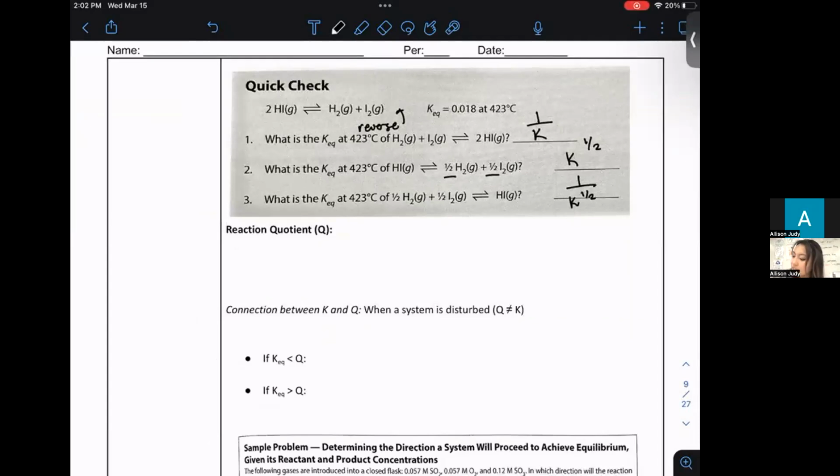Q quotient is the ratio between products and reactants not at equilibrium. So it's the exact same expression, just acknowledging a non-equilibrium status.